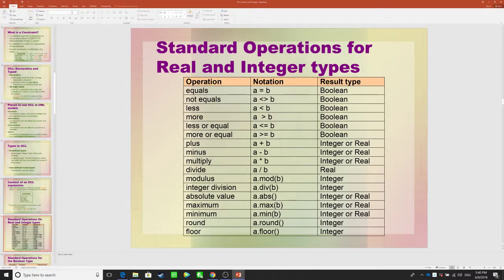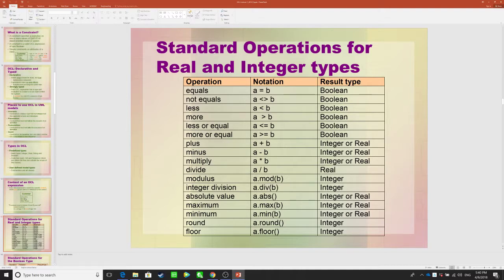So why is that? Why doesn't it say integer or real? Can you make a guess? Can you guess? Why does it say integer or real?